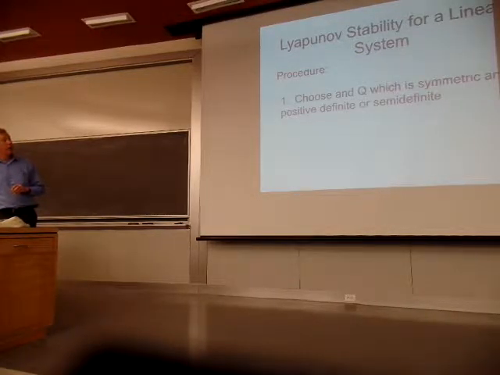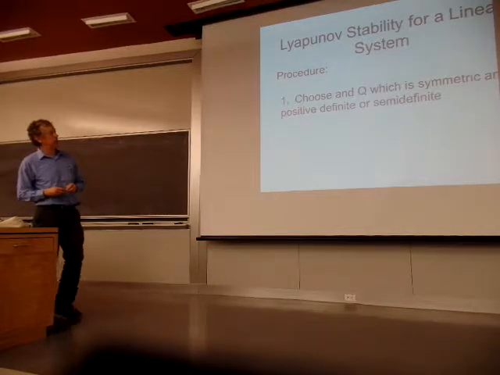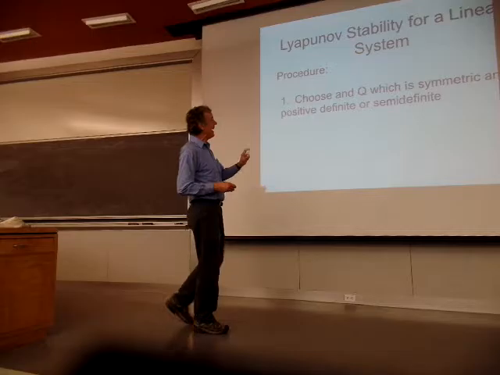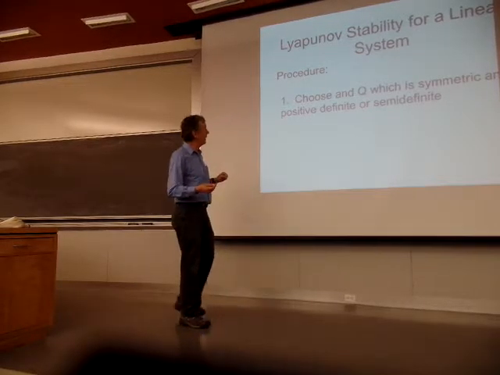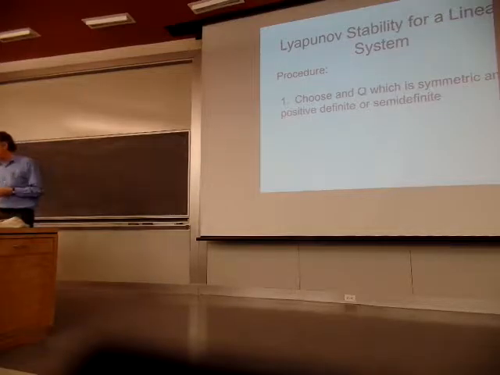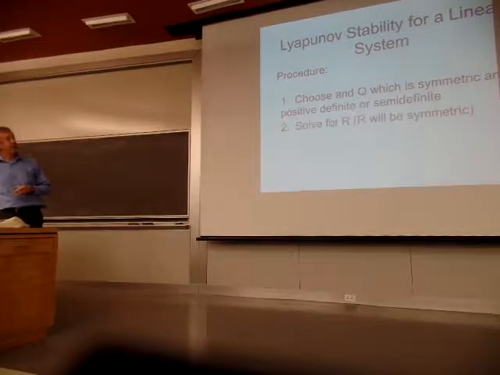So what we do is, typo there, I choose a Q, which is symmetric, positive definite, or at least semi-definite. Right? Then solve for R. R can be symmetric, not hard.